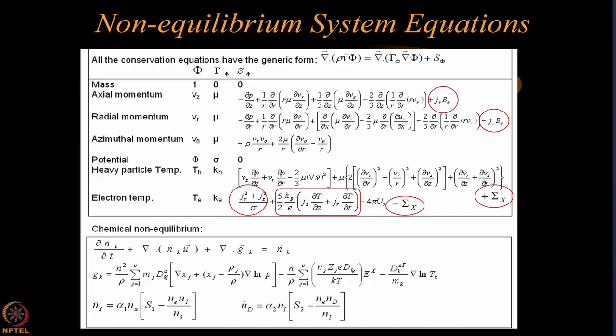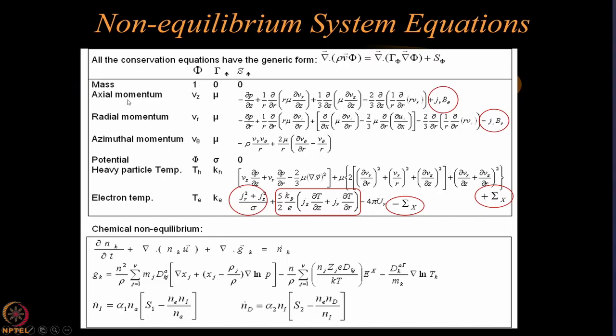Now, we are very lucky that all these conservation equations come in the form of a generic type of equation. So, this is the generic type of equation. Of course, this is for your steady state system behavior where time is not there. So, what it contains? A convective term, a diffusive term, and a source term.